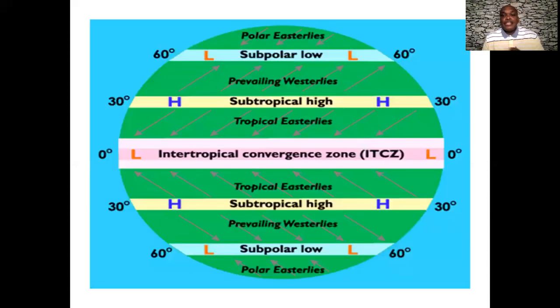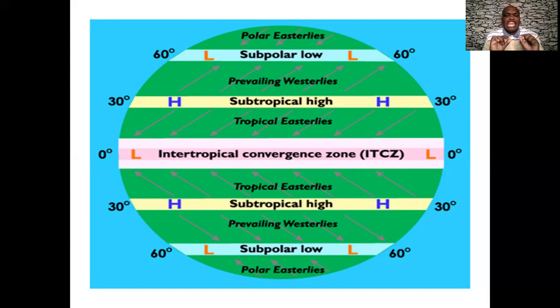Then if we have a look at this diagram, we can see where these pressure belts are located. The subtropical high is found at 30 degrees north and south. The subpolar low is located at 60 degrees north and south.